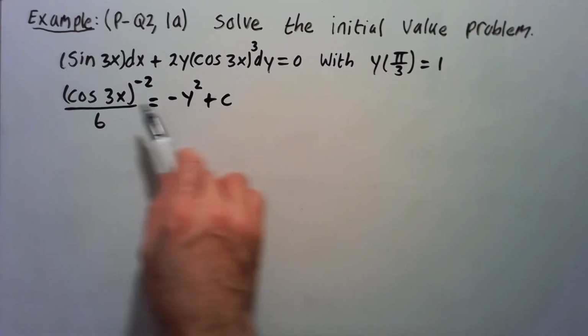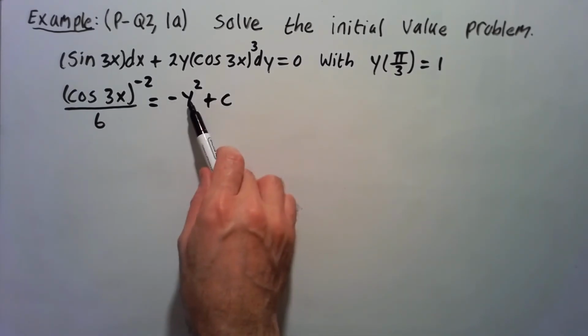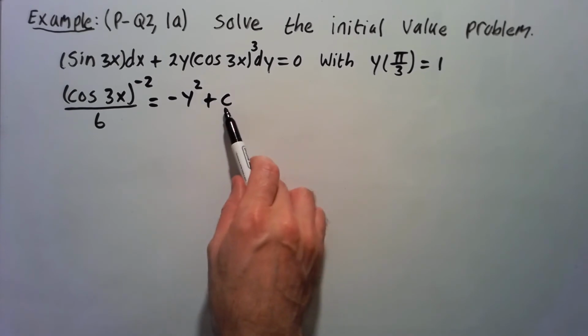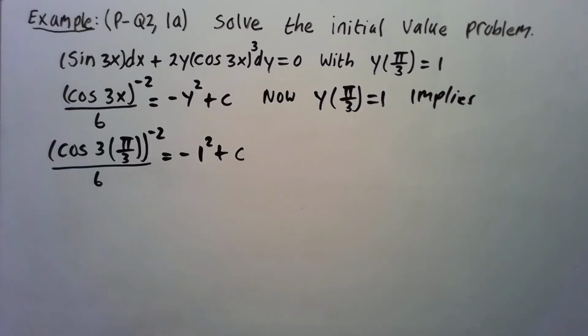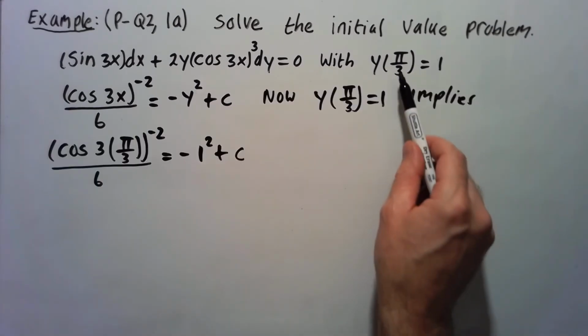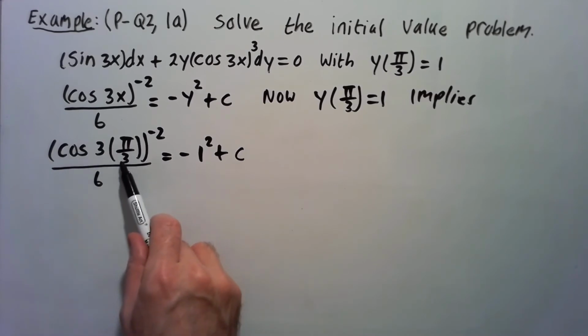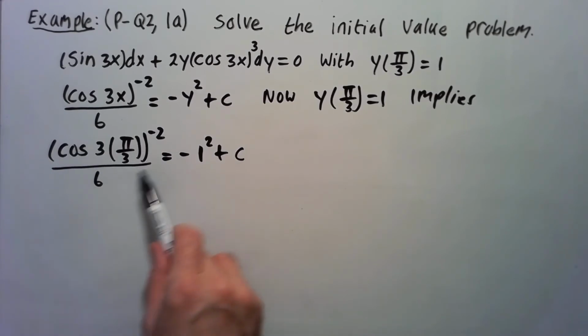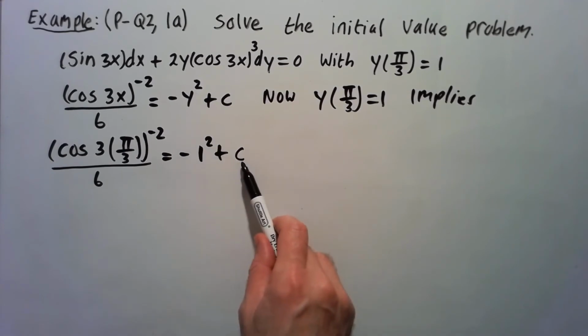So it means when I put pi over 3 in place of x, y is 1, and then I can figure out what c is. So putting pi over 3 in place of x, it'll be cosine of 3 pi over 3 raised to the minus 2 divided by 6 equals, putting 1 in place of y, negative 1 squared plus c.